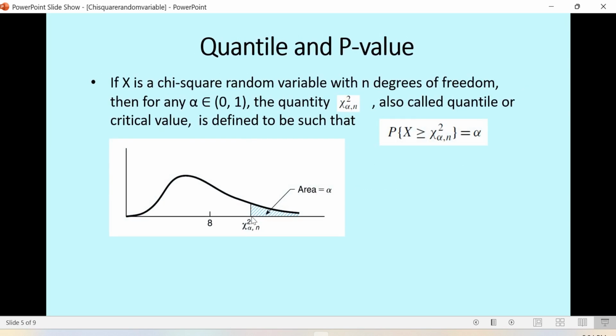If we look at this figure again, pchisq will calculate this white area, and qchisq will calculate this quantile value, but the input is also this white area.